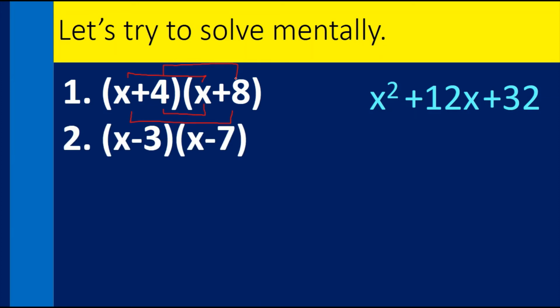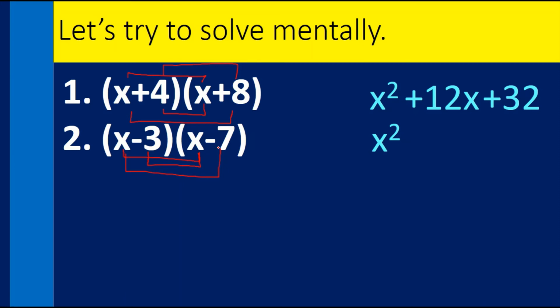Next example, if we have the quantity x minus 3 times the quantity of x minus 7, multiply the first terms, x times x equals x squared. And then, we add negative 3 times x and x times negative 7. So, negative 3x plus negative 7x.